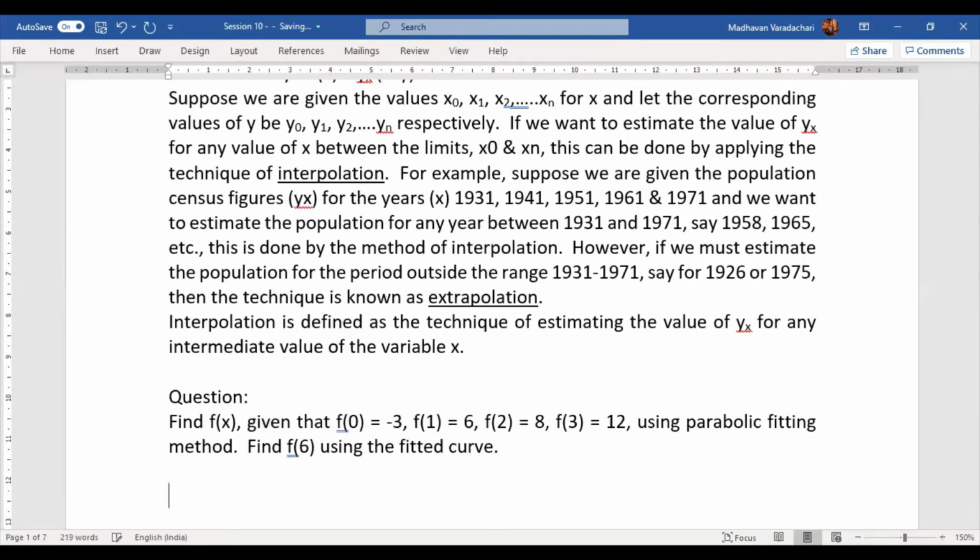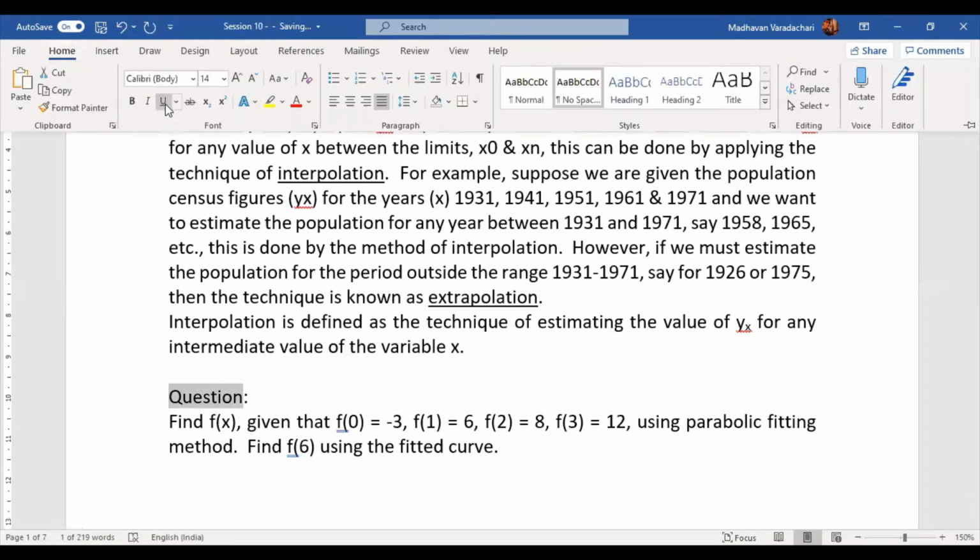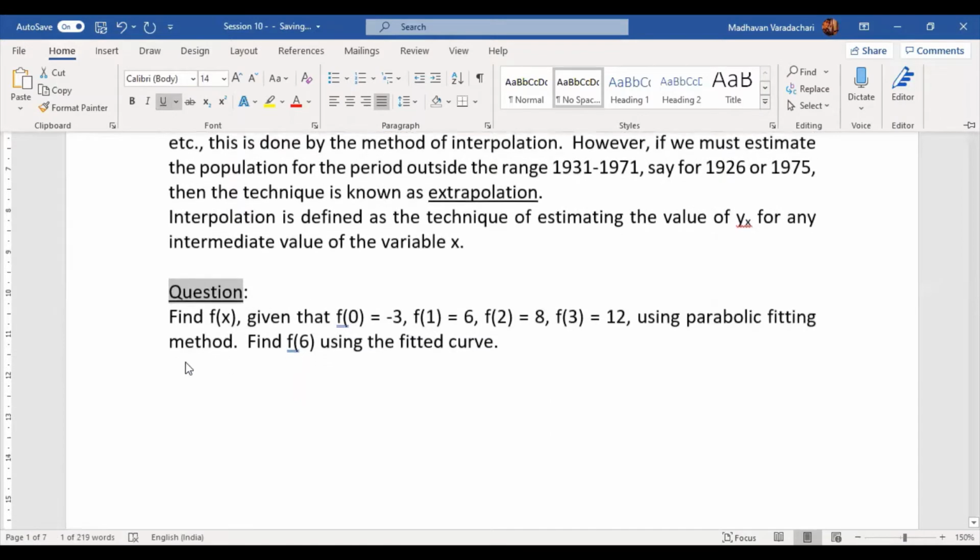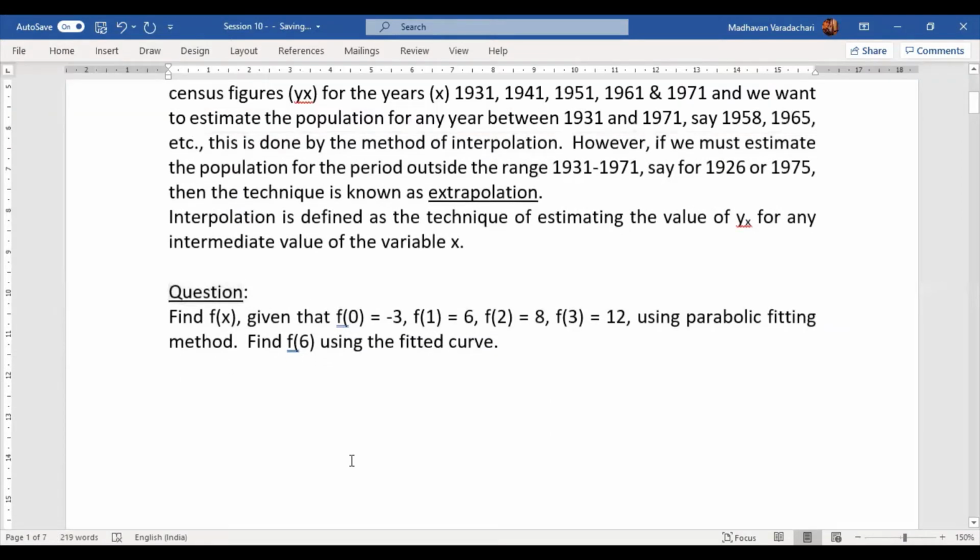So now with this example, let us try to understand how we form an equation, or how you form a general curve. So let's do that.